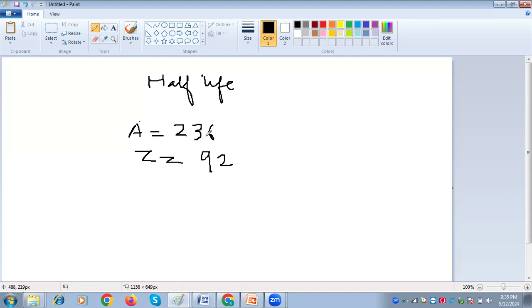If it undergoes beta decay, it means one neutron splits up into one proton and one electron. The electron cannot reside in the nucleus, so it is emitted as a beta particle. What is the symbol for beta? The charge is -1, and it has almost no mass. So this is the symbol for beta. And what happens to the proton? It will remain in the nucleus.